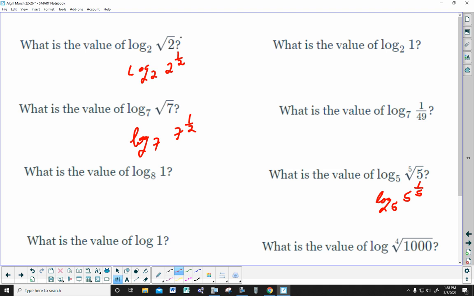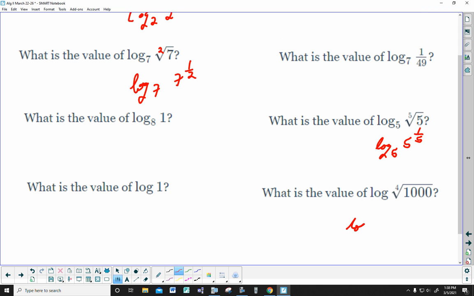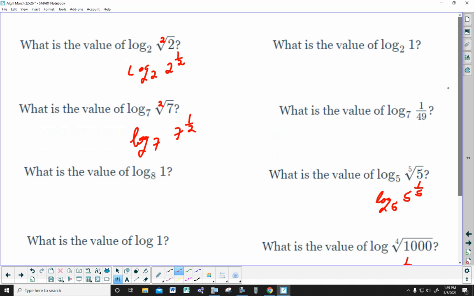Square root, there's a little 2 here, so it's a half. There's a 5 there, so it's a 1/5 as an exponent. This would be log of 1,000 raised to the 1/4. I haven't answered any of these, but you guys remember that a root is a fractional exponent. Okay? All right. So here goes.